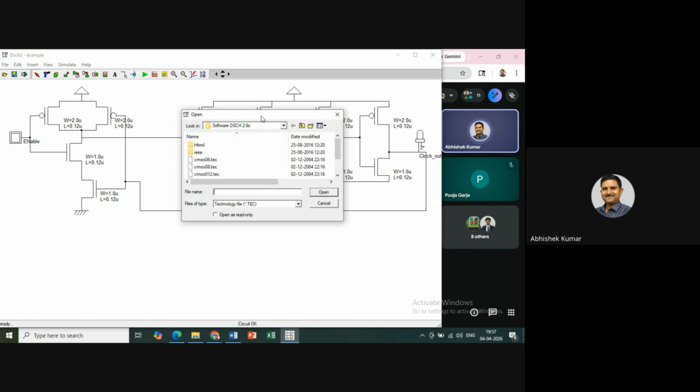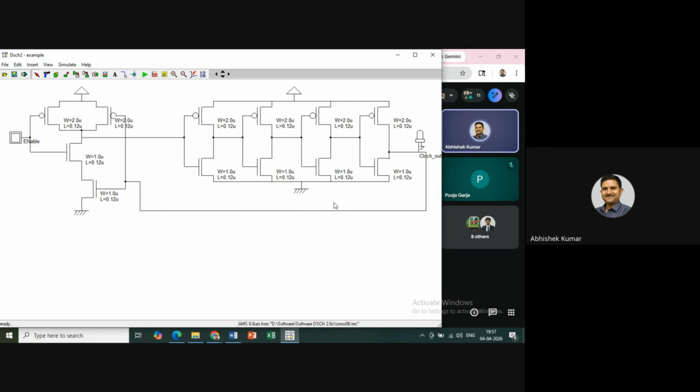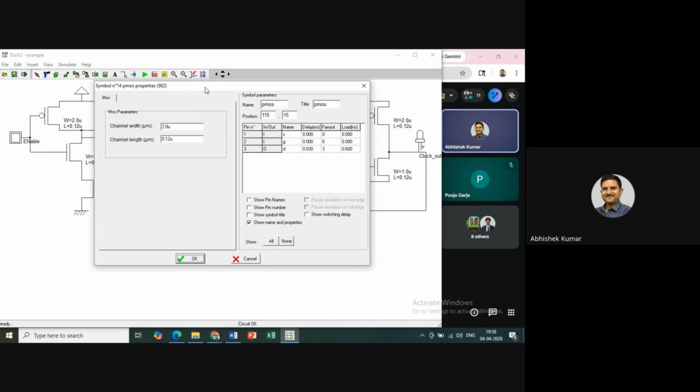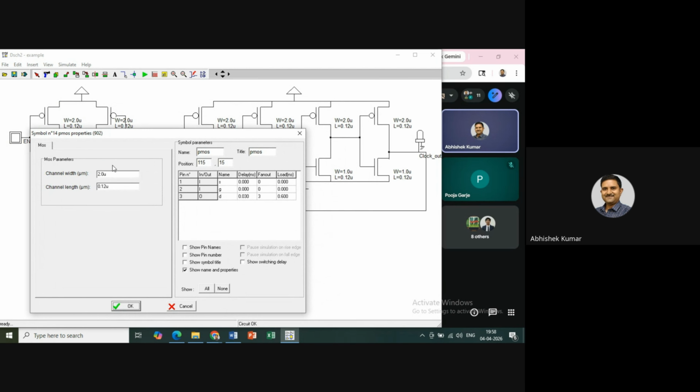Here I took the text file, that is my CMOS 60, 80, 120, 180, 250. So if I'm going to take some lower stage, you can see the deviation, how our transistor will change, but I need to redesign the circuit. So see that part. Suppose in this case, I'm going to change the W value, I'm going to make W equal to 3.